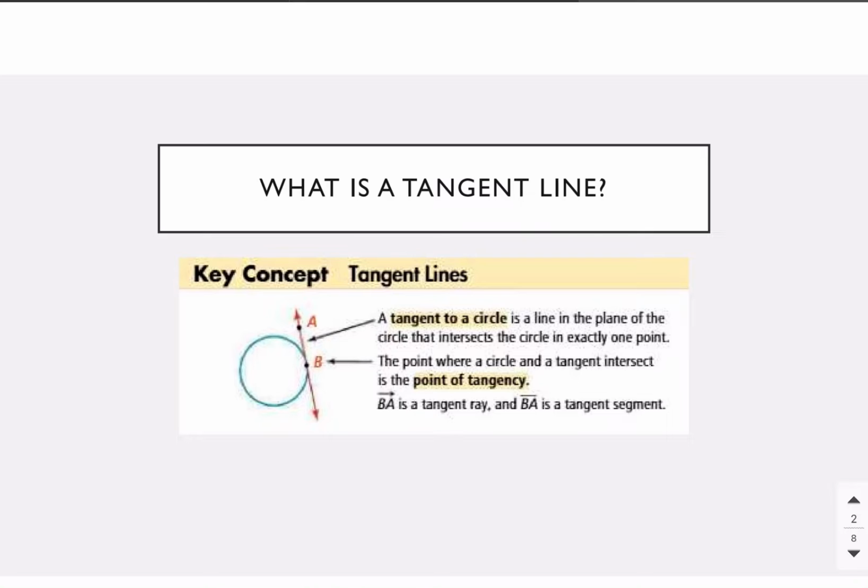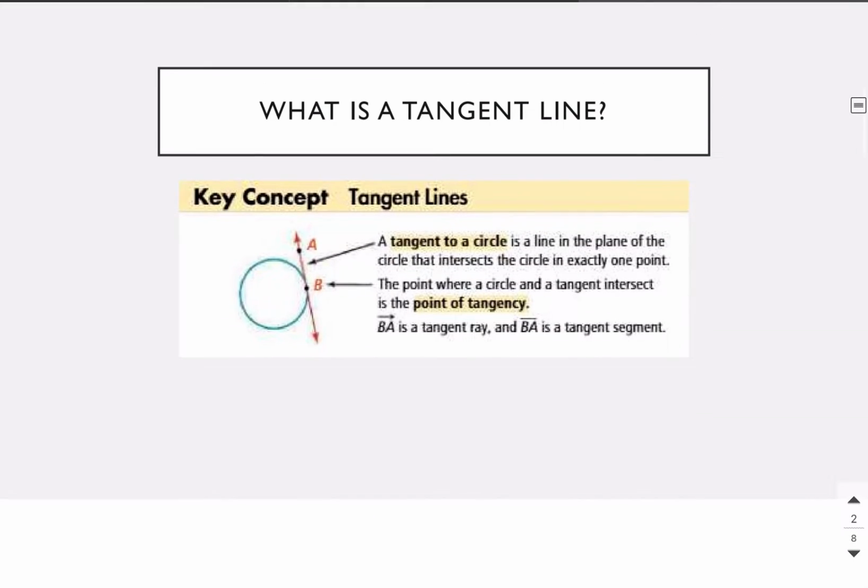So ray BA is a tangent ray, and line BA is a tangent segment. We can have part of it, just from B going out through A, or we could have the full segment.